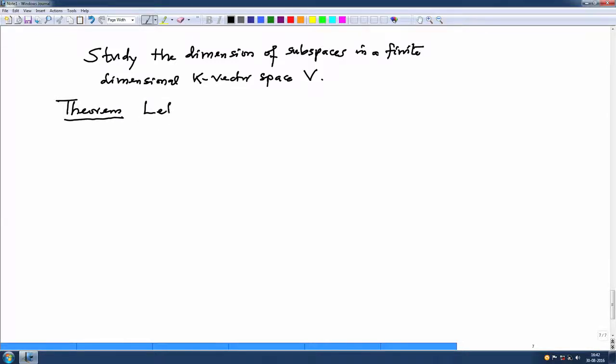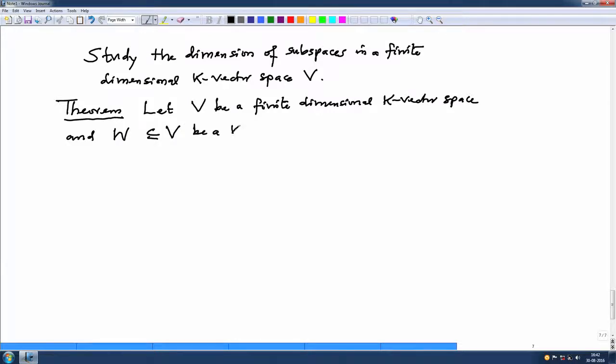Let V be a finite dimensional K vector space and W be a subspace of V, a K subspace of V. Then, one, W is also finite dimensional.